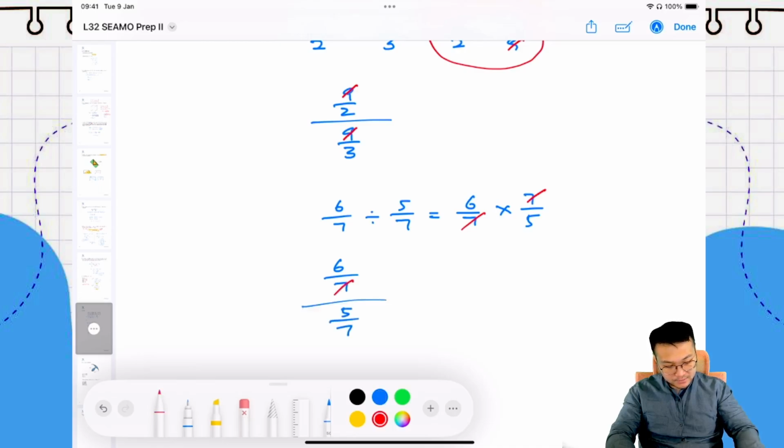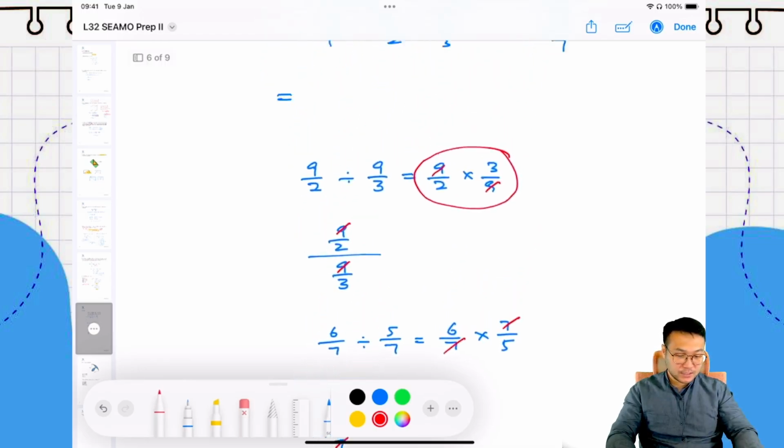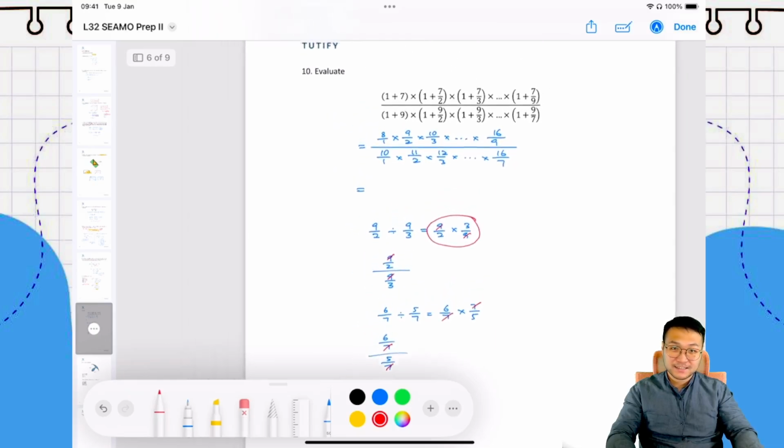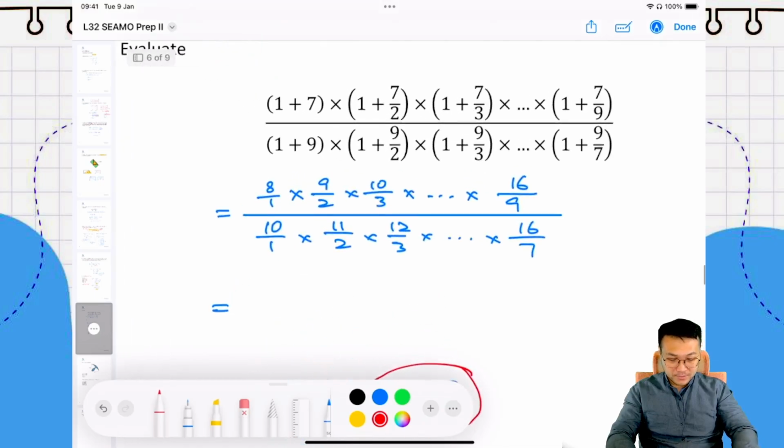Can I cancel out the 7? Yes. So numerator can cancel numerator, denominator can cancel denominator? Yes. Numerator can cancel numerator? Yeah. Denominator can cancel denominator? Yeah. Okay, 30 seconds. Everyone type the answer in the chat.